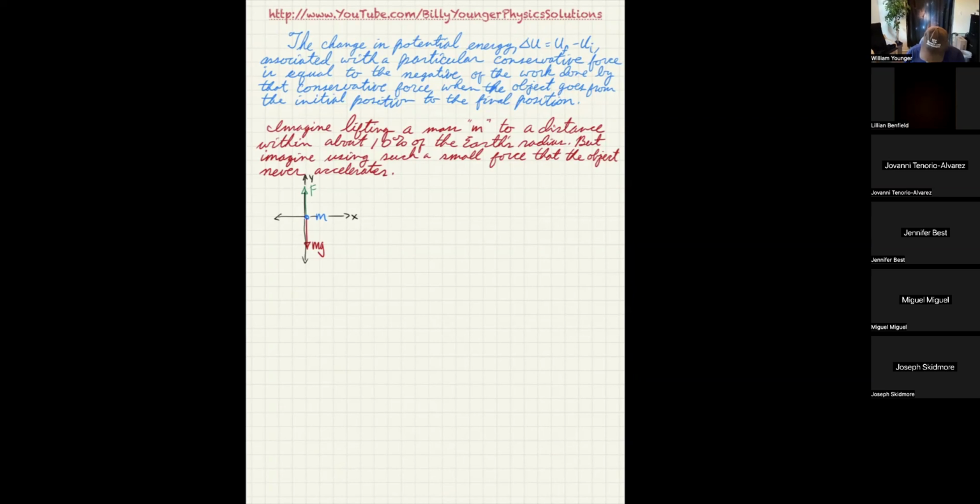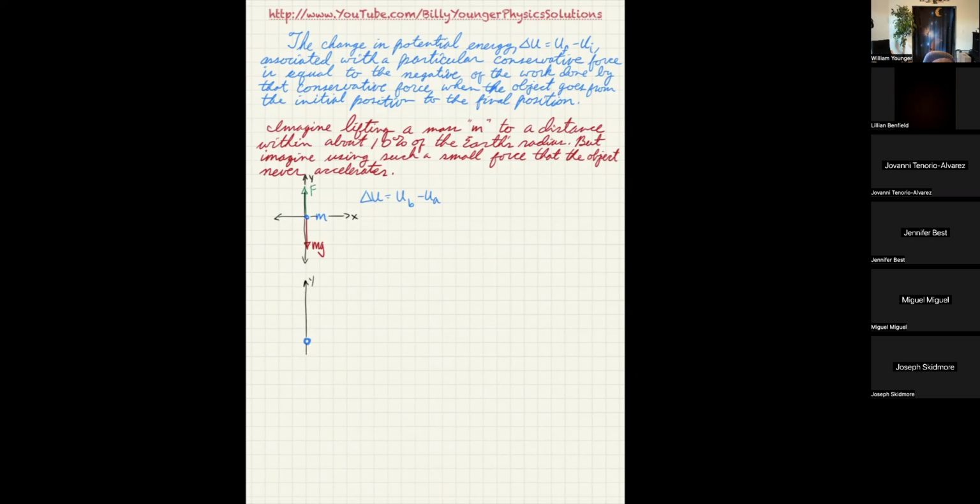Okay. So what I want to do is use the definition above and say that delta U, which is equal to U, let's call it UB minus UA. And let's imagine that this object is actually sitting here initially at some height. So I'm going to put it in another coordinate system.